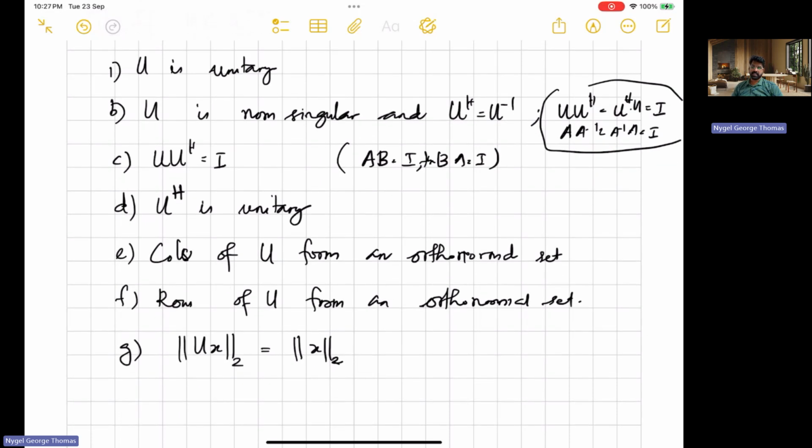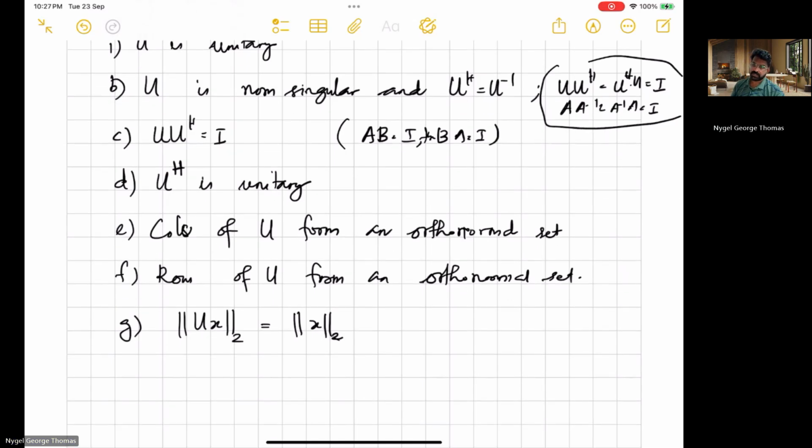Another important property is the L2 norm of Ux is equal to the L2 norm of x. So it preserves lengths. If you apply a unitary transformation on x as a linear transform, this is why.